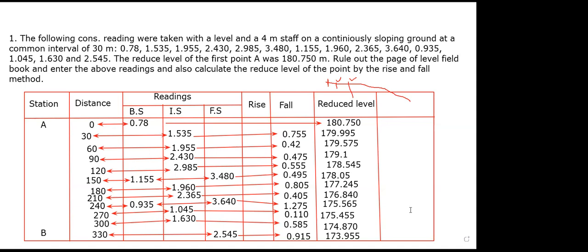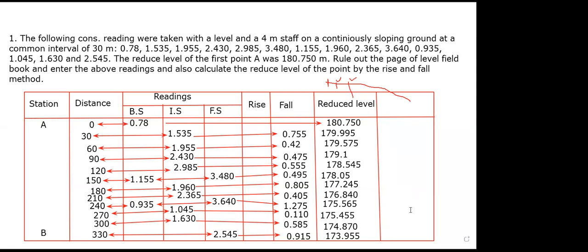আচ্ছা, what is the summation of fall here? 6.795. So here the rise is 0 minus 6.795. That means minus 6.795. So the summation of BS minus FS is also minus 6.795. So both are same. Clear? And also the last RL and the difference of the last RL and first RL.